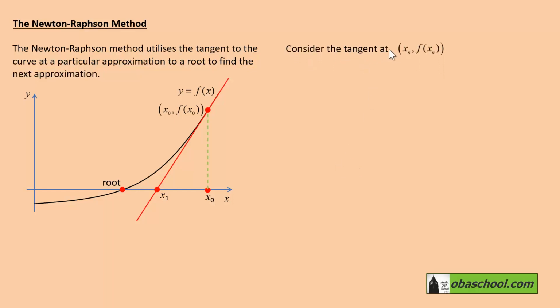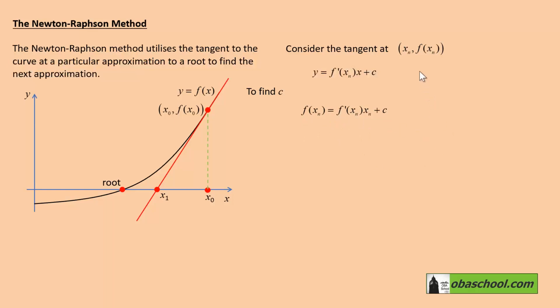Consider the tangent at xn, f of xn, so this is some distance along our iteration sequence. Y is going to be f dashed of xn, so that would be the gradient, and we know that the first differential is the gradient function, x plus a constant. To find c, f of xn is going to be equal to f dashed of xn, xn plus c.